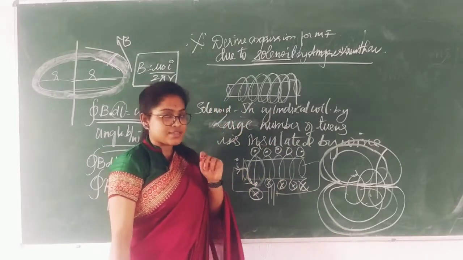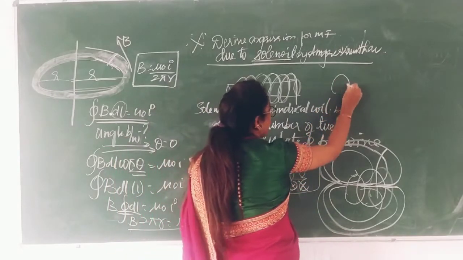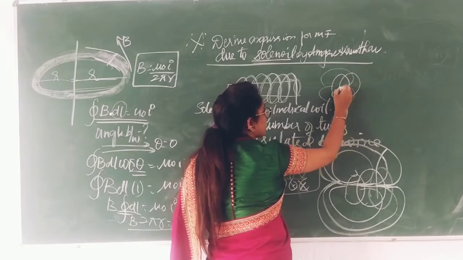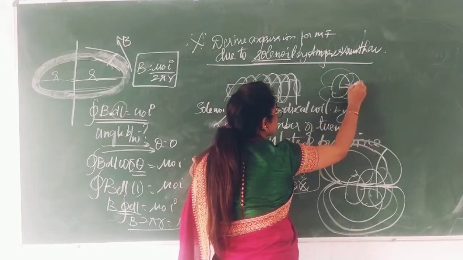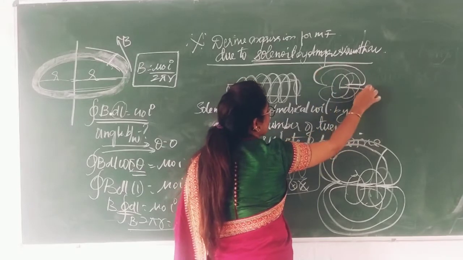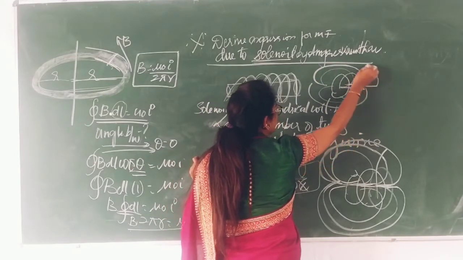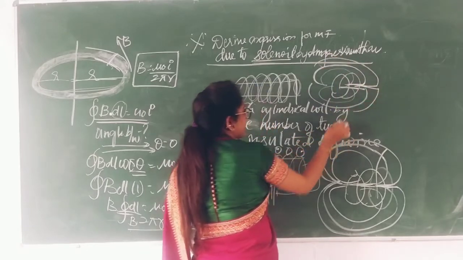What you want to understand? See, once again I am telling, for one coil it just makes a loop like this. For another coil, it goes straight, then it makes a curve. For another coil again it goes straight and makes a curve.